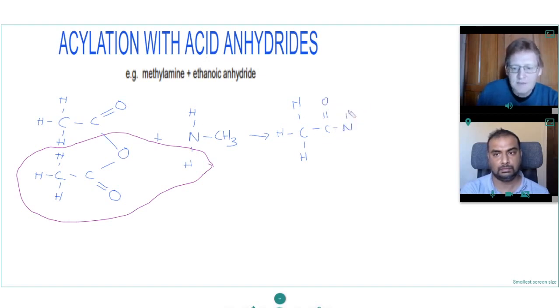Biologists might call this a peptide bond. In chemistry we call it an amide bond because it's formed from an amine. And we've got the carboxylic acid as well. So I'll just draw it underneath.